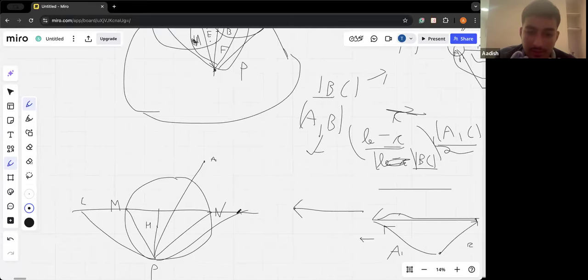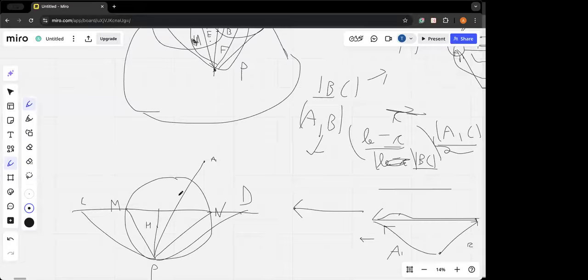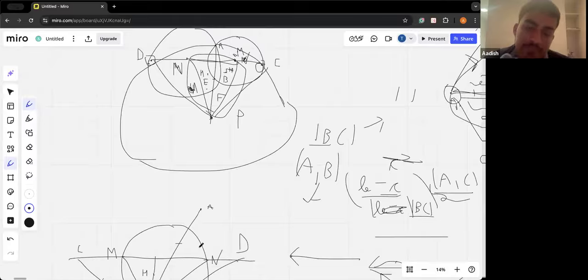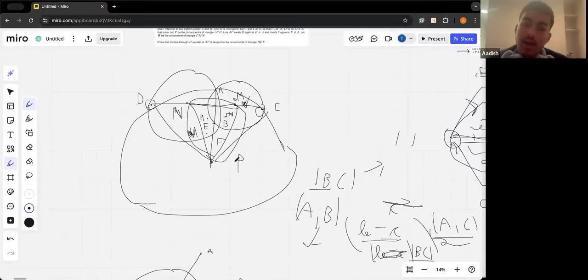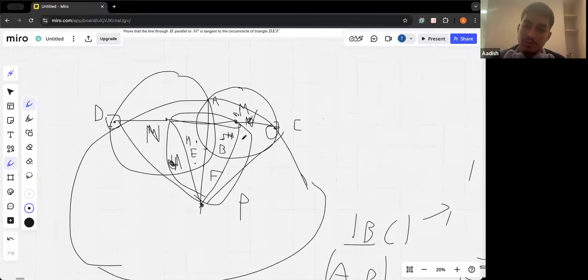So this is C and this is D, and A is an arbitrary point. Okay, let's think about this. How many degrees of freedom do we have in the original problem?